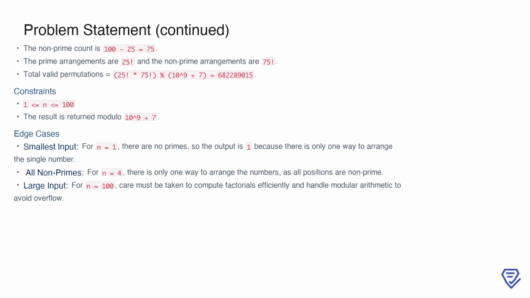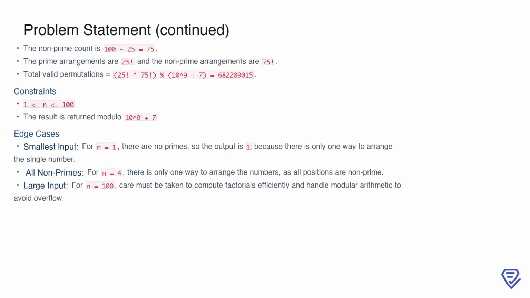Multiplying these two values gives the total number of permutations, but since these values are extremely large, we take the result modulo 10^9 plus 7. For n equals 100, the final output is 6822891015. Additionally, the constraints of the problem specify that n can range from 1 to 100, and the output must always be returned modulo 10^9 plus 7.